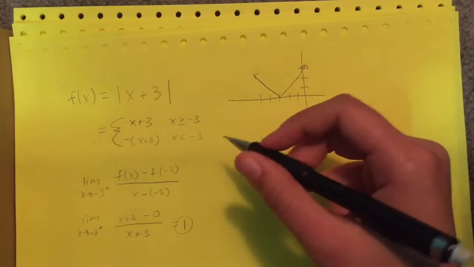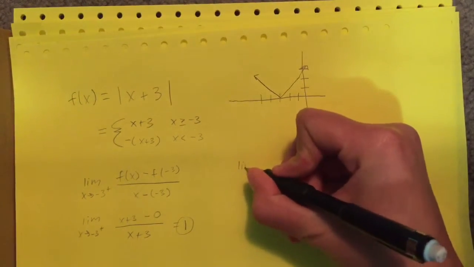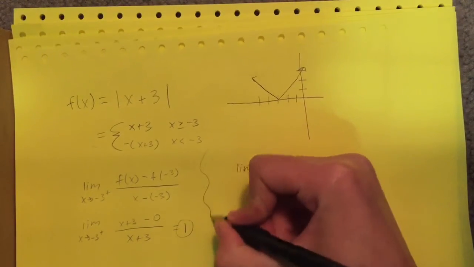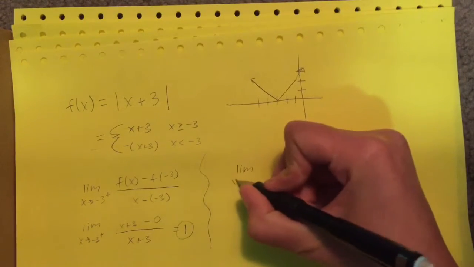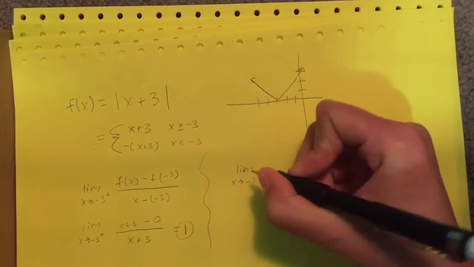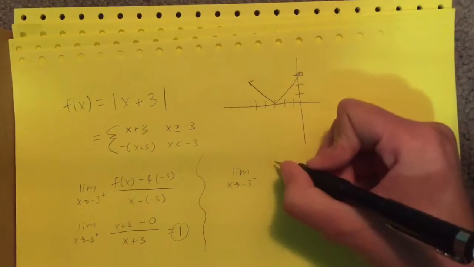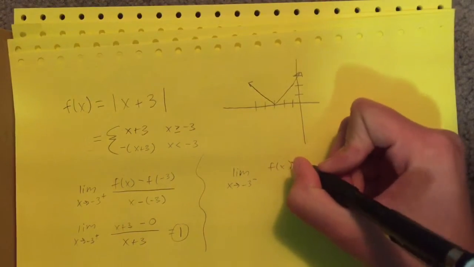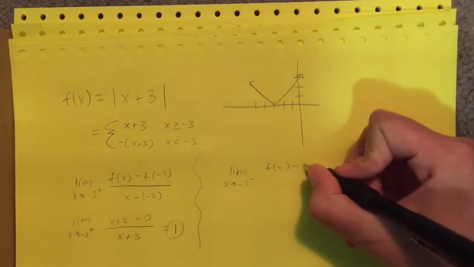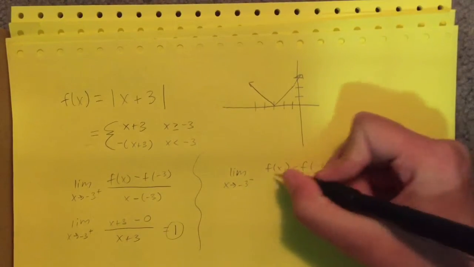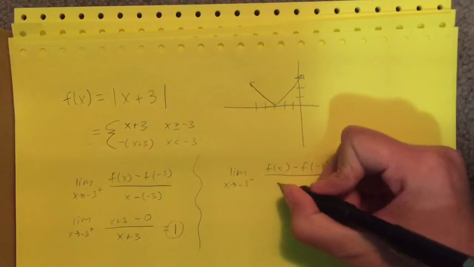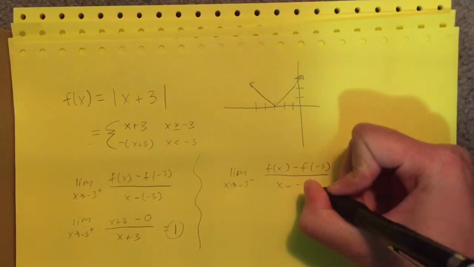For the limit coming from the left, it's the limit as x approaches negative 3 from the left. So we have f of x minus f of negative 3 over x minus negative 3.